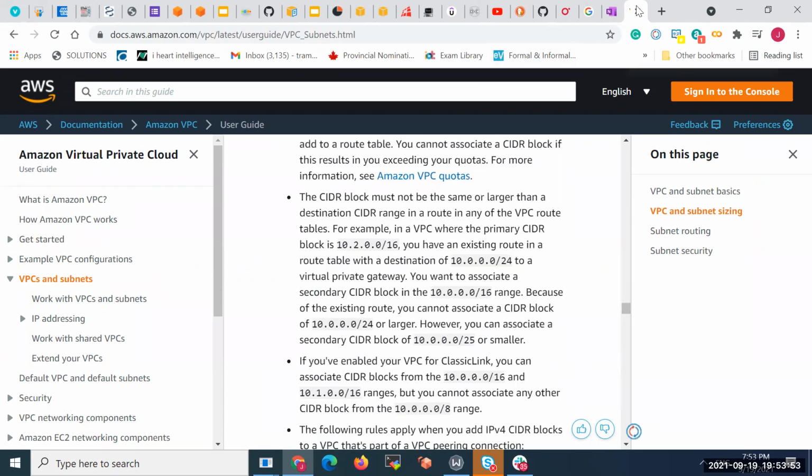This link will be very useful when you determine the VPC size and also the subnet for your network.